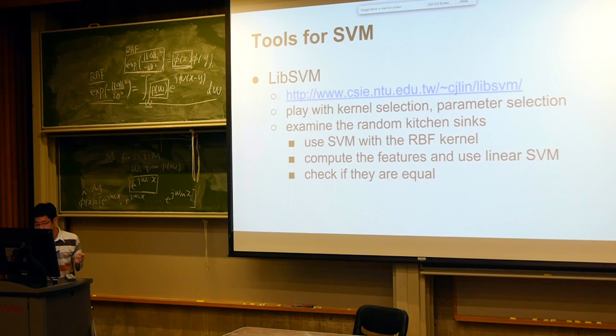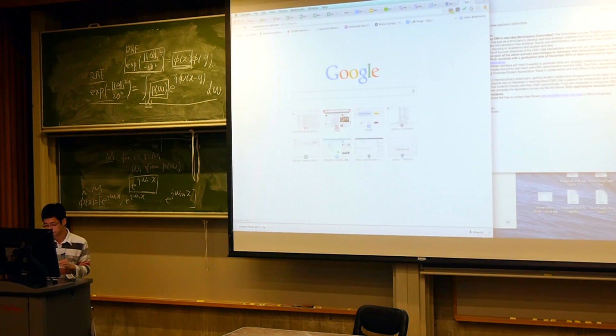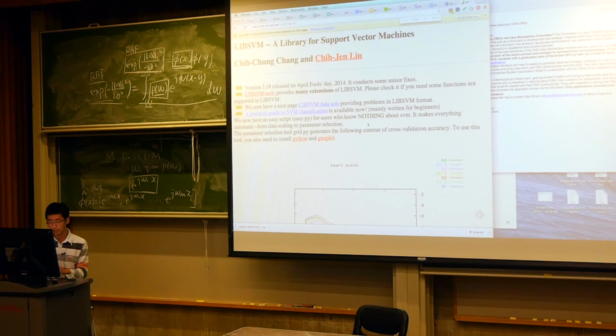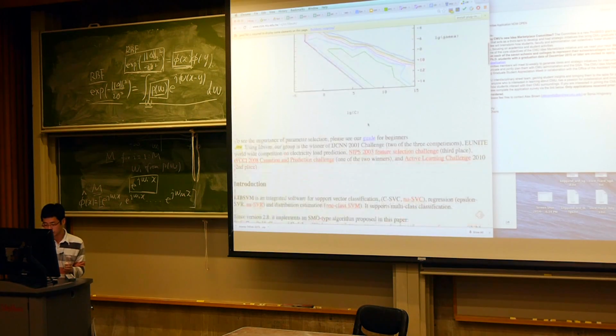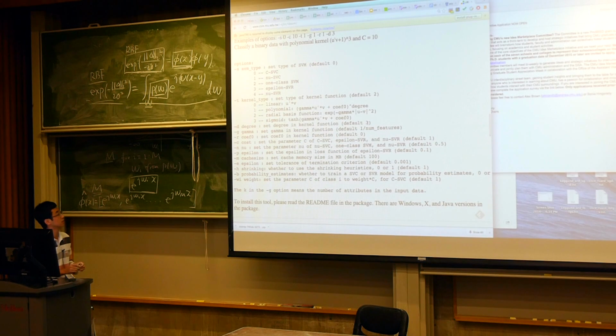I want to introduce you to the tool libsvm. You can directly open the link here. This is a commonly used tool for kernel SVM. You can specify the type of kernel here. You can have linear kernel, polynomial kernel, RBF kernel, or any other kernels.